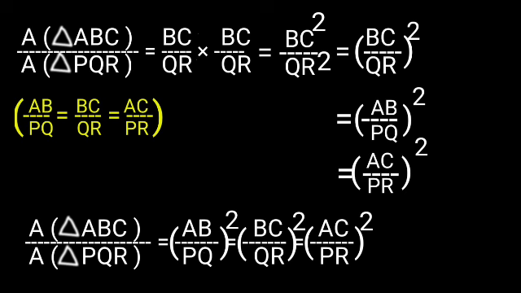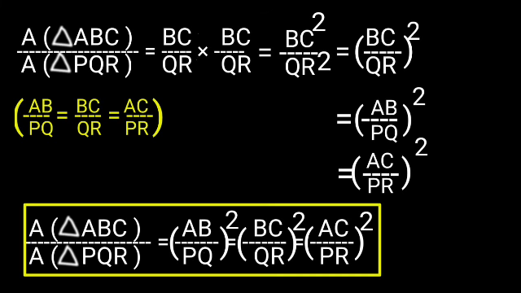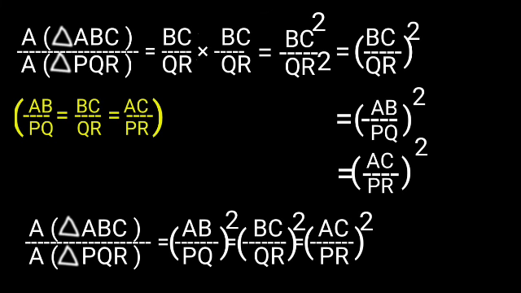Hence we get AB upon PQ whole square. Thus we also get AC upon PR whole square. Hence we prove that area of triangle ABC upon area of triangle PQR is equal to AB upon PQ whole square, is equal to BC upon QR whole square, is equal to AC upon PR whole square.